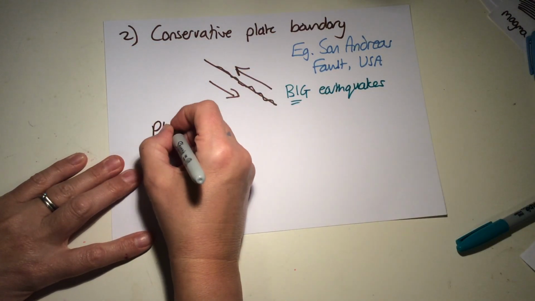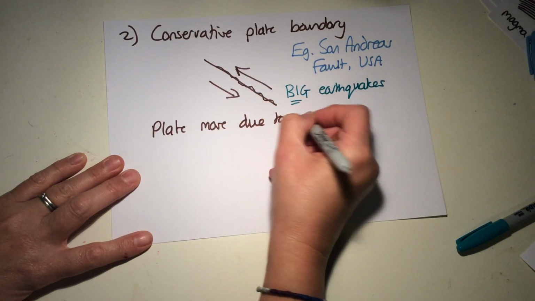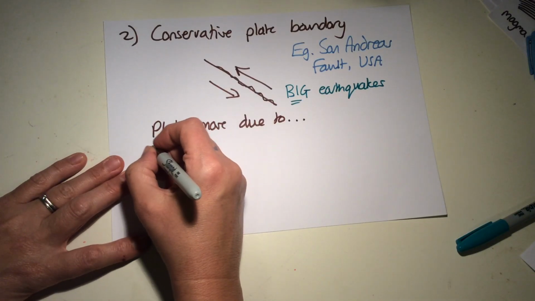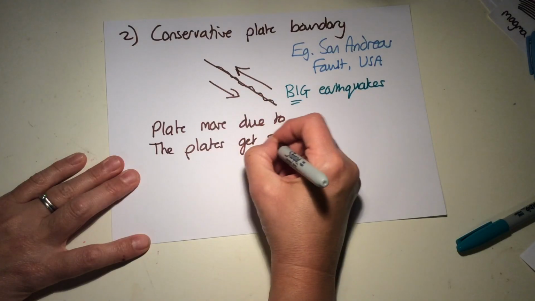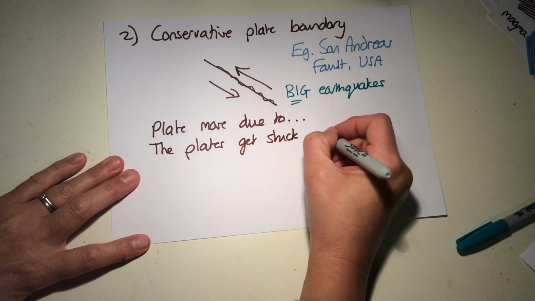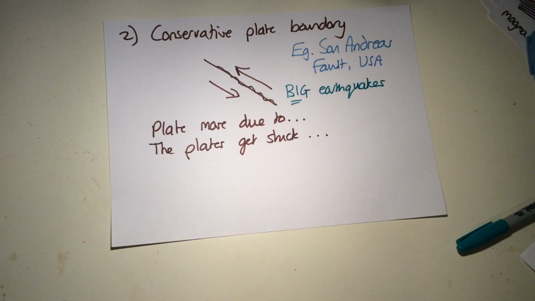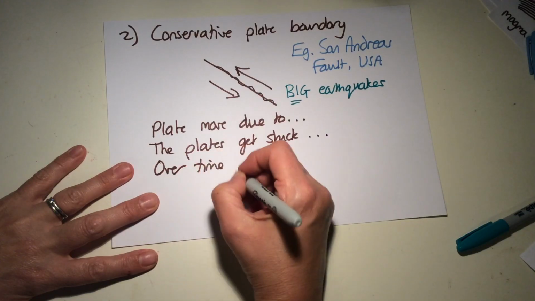So plates move due to convection currents in the Earth's mantle. The plates get stuck because they are jagged pieces of rock that can't slide past each other, like two bits of sandpaper. Over time, pressure builds.